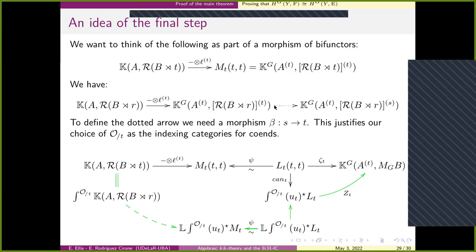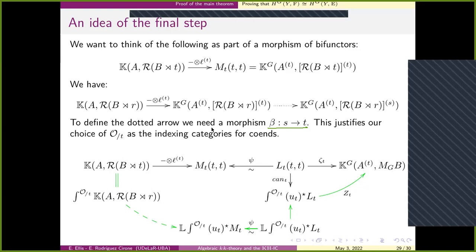So in order to be able to define this dotted arrow, we would need a morphism from S to T. And this justifies in part our choice of the slice category as indexing categories.